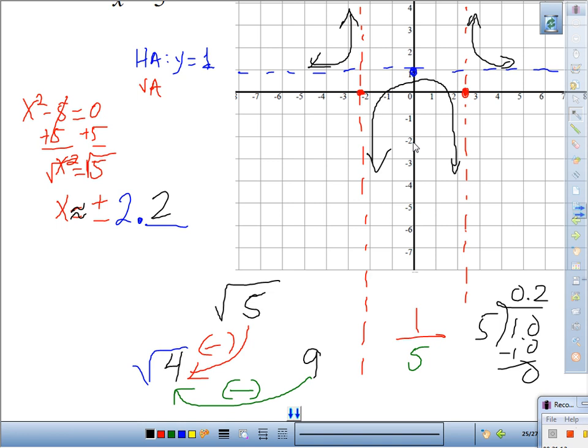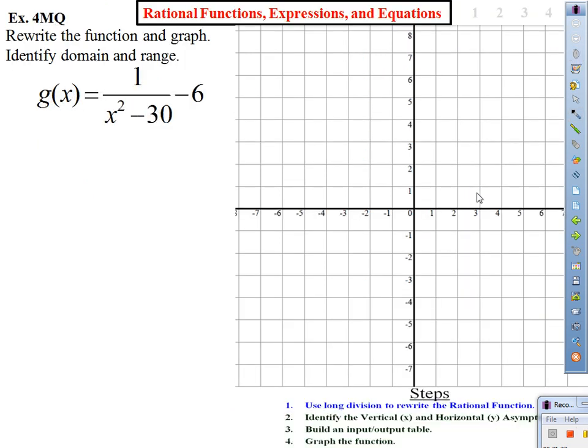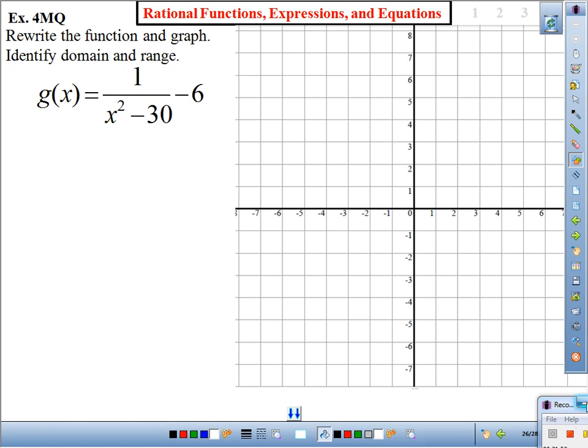You want to try one by yourself? Okay, good. Example 4 mega cube. G of x equals 1 over x squared minus 30, minus 6. Find me the asymptotes and graph the function. Copy that and go.